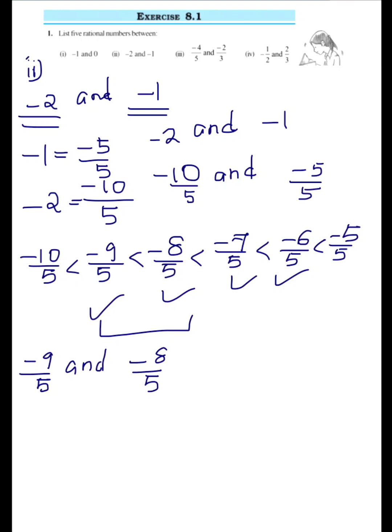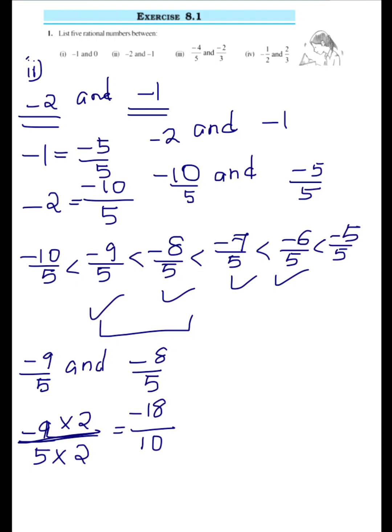You can make the denominators of both these rational numbers 10. In order to make the denominator 10, you have to multiply with 2. If you are multiplying the denominator with 2, you have to multiply the numerator also. Then it will become minus 18 by 10.